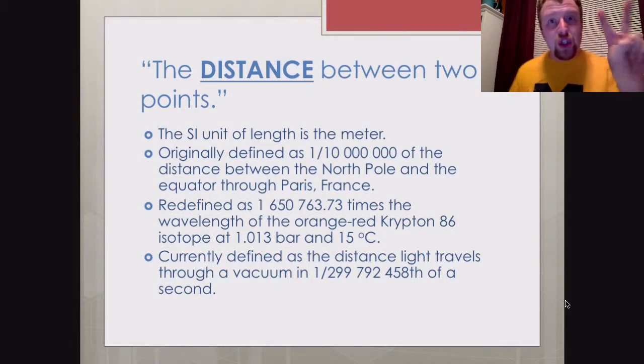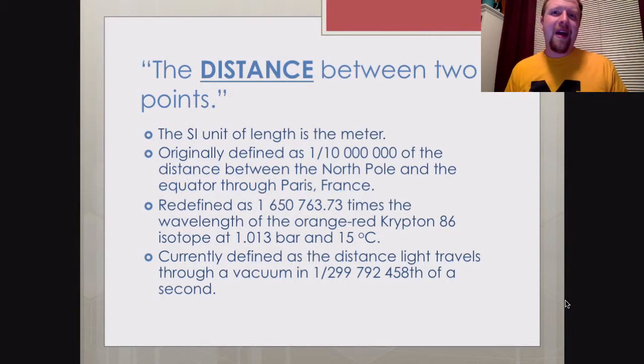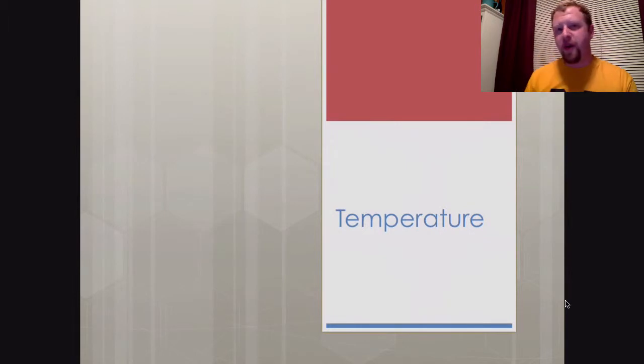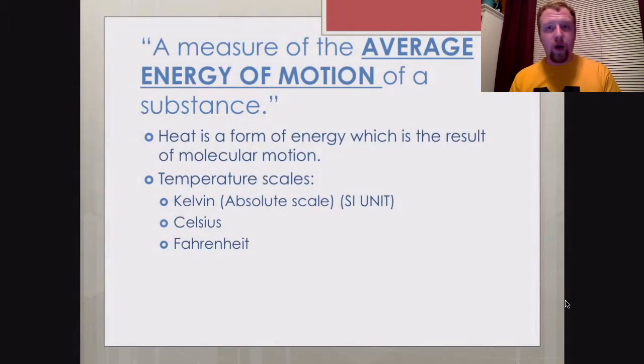We have to have at least two points. And this will actually come back again, and you'll see this when you start talking about distance and length in geometry in just a couple of years. Okay, temperature. Temperature is one of my favorites. This is one of those definitions that might get cut off at the top, so I'm going to rewrite it down here near the bottom, especially the bold words.